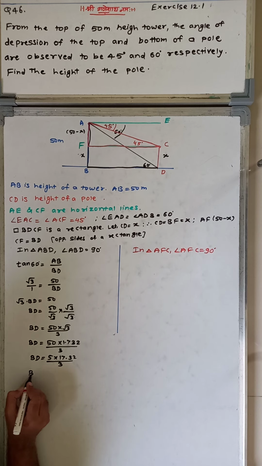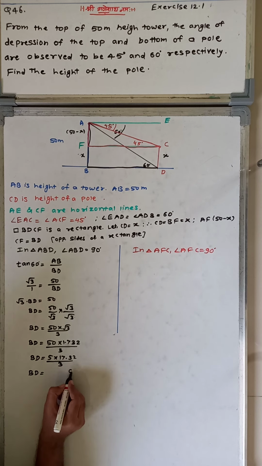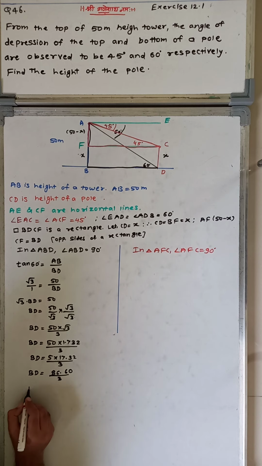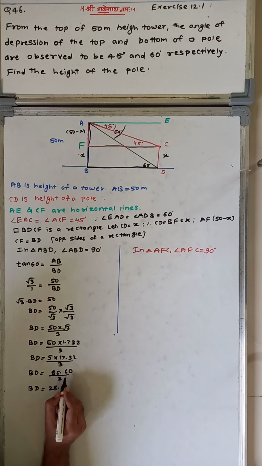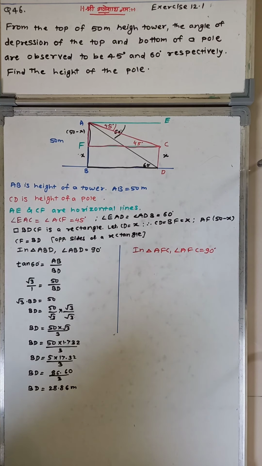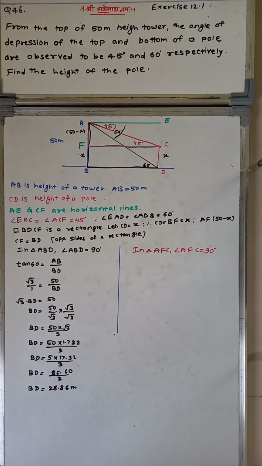Then do the simple multiplication. BD equals to 86.60 by 3. Then BD equals to 28.86 that is in meter. So the BD is equals to 28.86 meters.